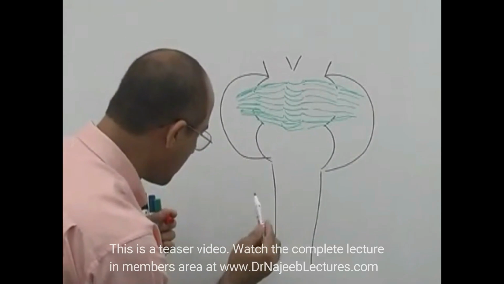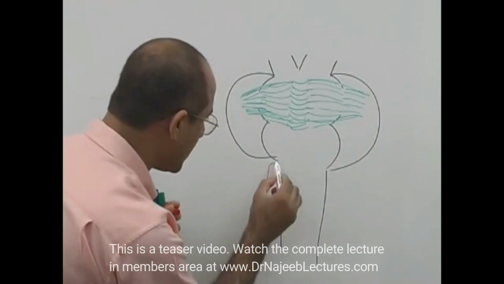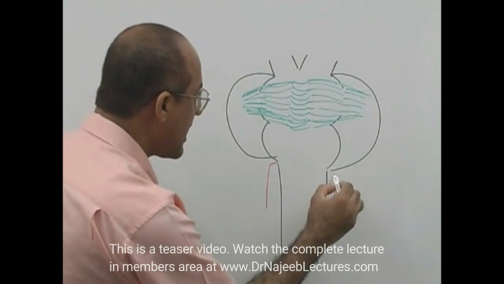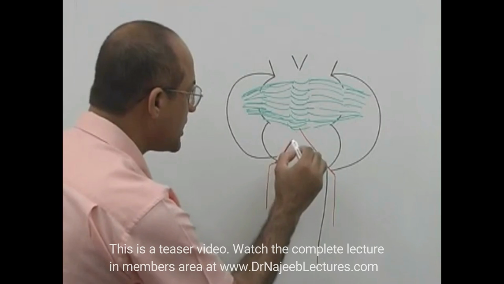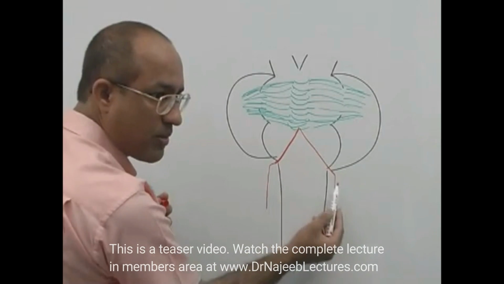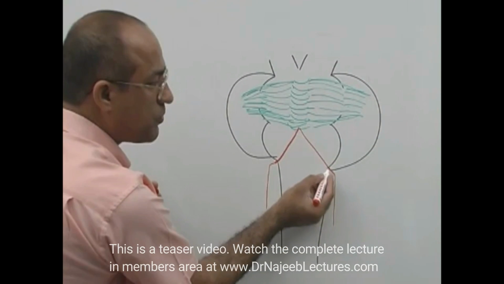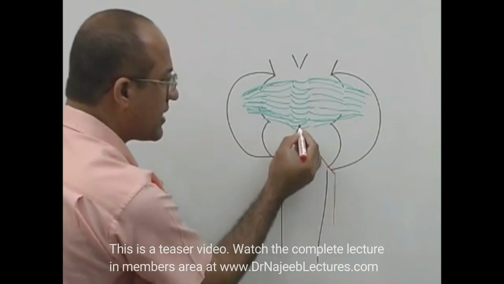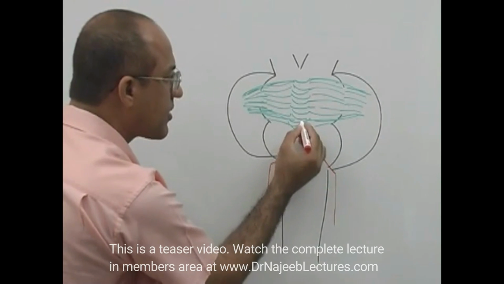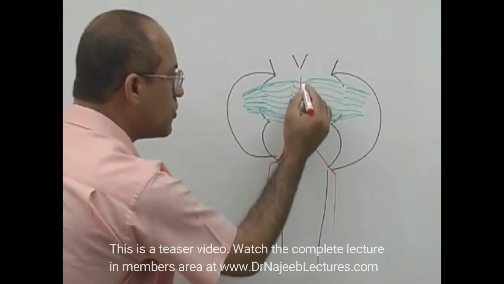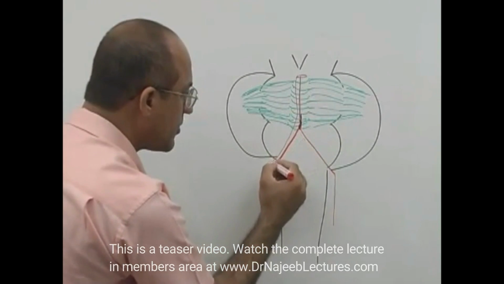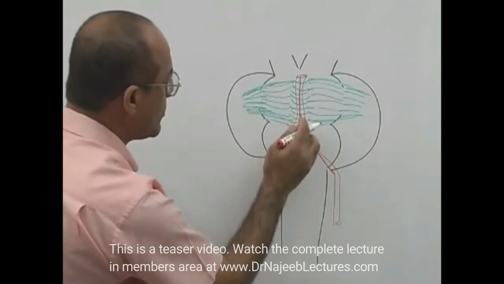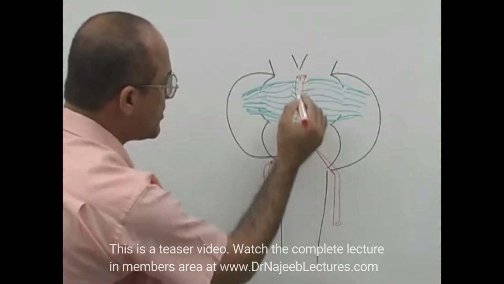If you remember somewhat anatomy, what are these arteries, please? Yes? Vertebral arteries. Is that right? These vertebral arteries, right and left, move medially in front of the medulla, and at the lower level of pons they unite together and become which artery? Basilar artery. So this groove actually lodges this basilar.